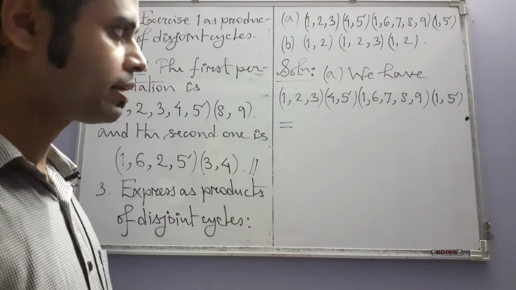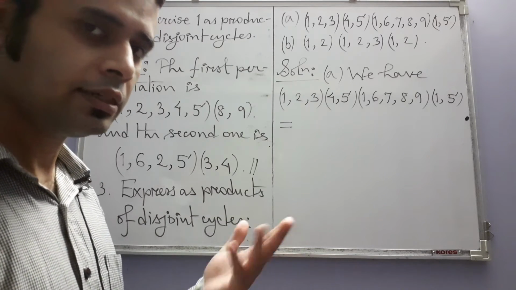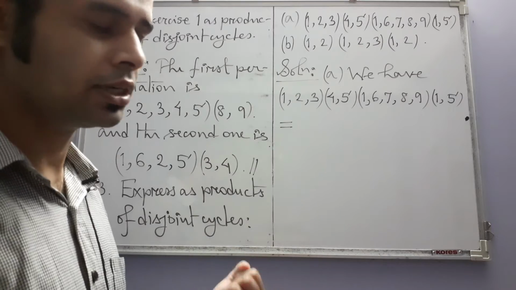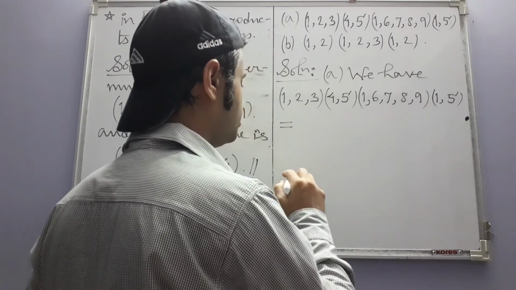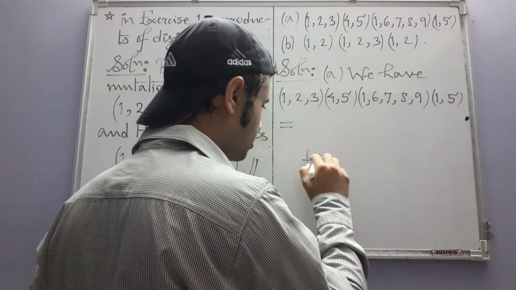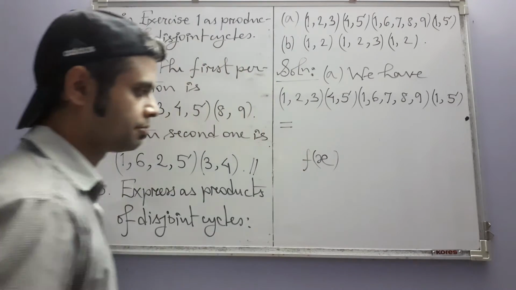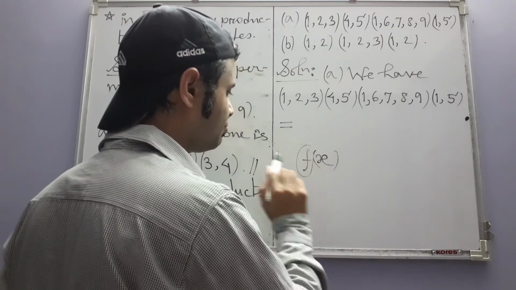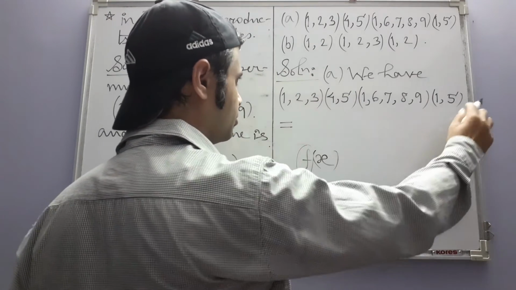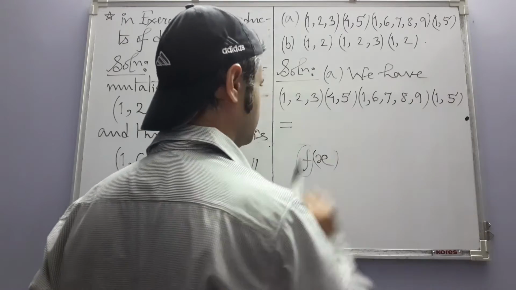And then again you will write that in terms of permutation or cycles. So if you are using your ordinary function notation f(x), then f is the function, and your x will lie on this side.